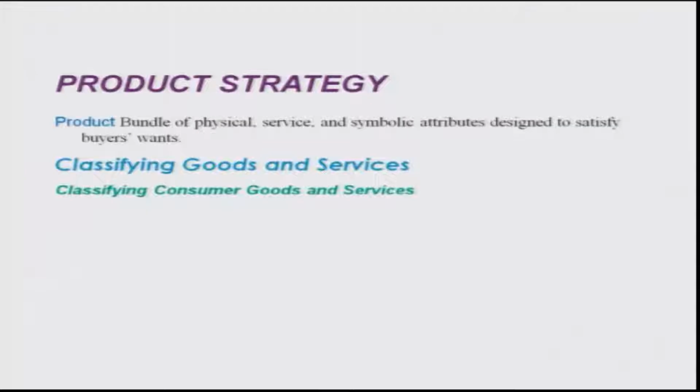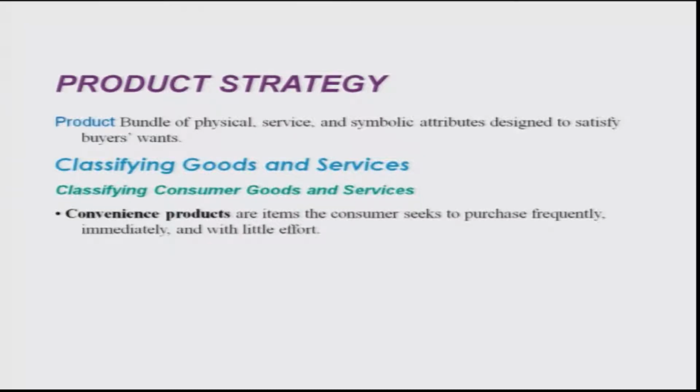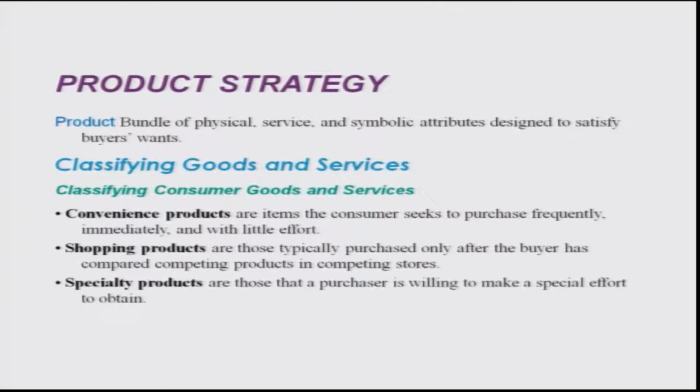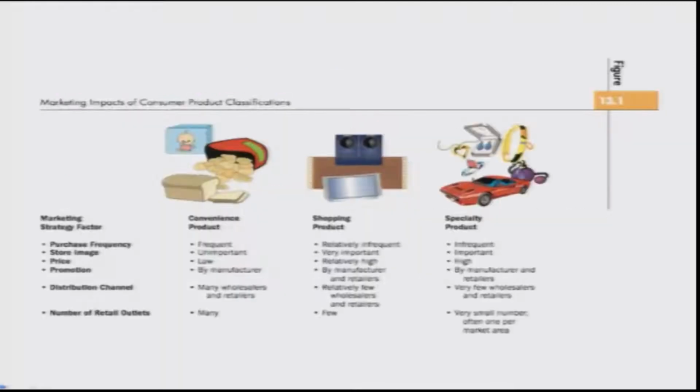So, products are bundles of physical, service and symbolic attributes which are designed to satisfy buyers' wants. But not all goods and services are the same. They can be classified into three categories. We call them convenience products, shopping products, and specialty products. If you look at this diagram, it will become clear.